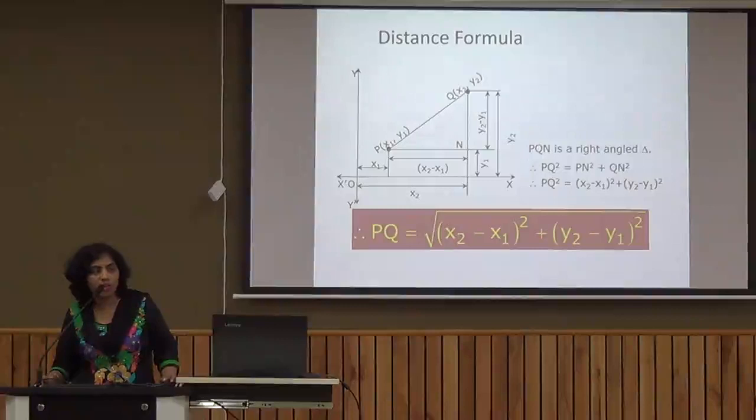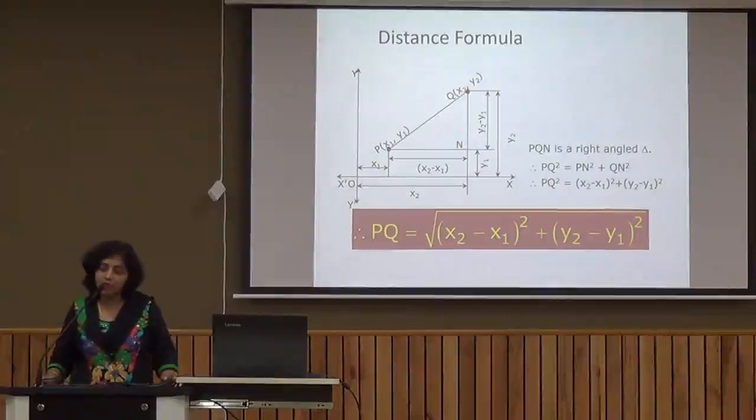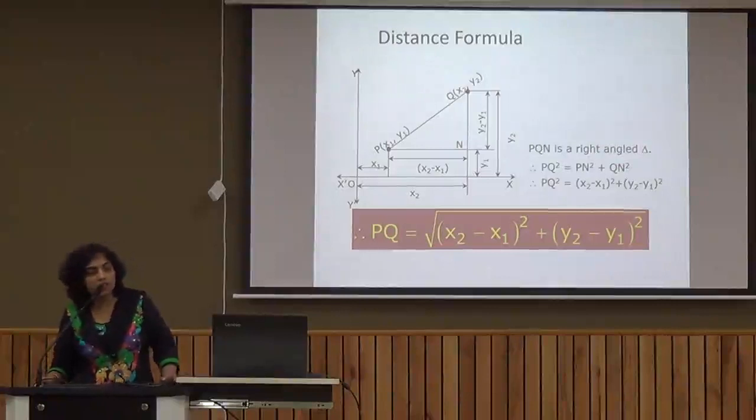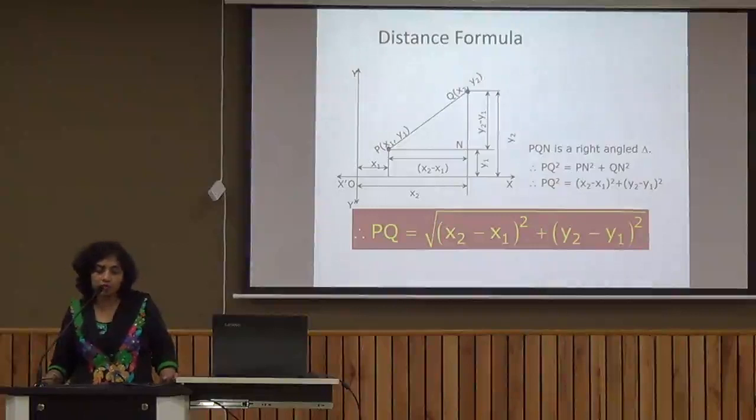When we draw a line through P parallel to the x-axis and a line through Q parallel to the y-axis, intersecting at point N, we get right angle triangle PQN. So PQ square is equal to PN square plus QN square by the Pythagoras theorem. Let's see what PN and QN will be.